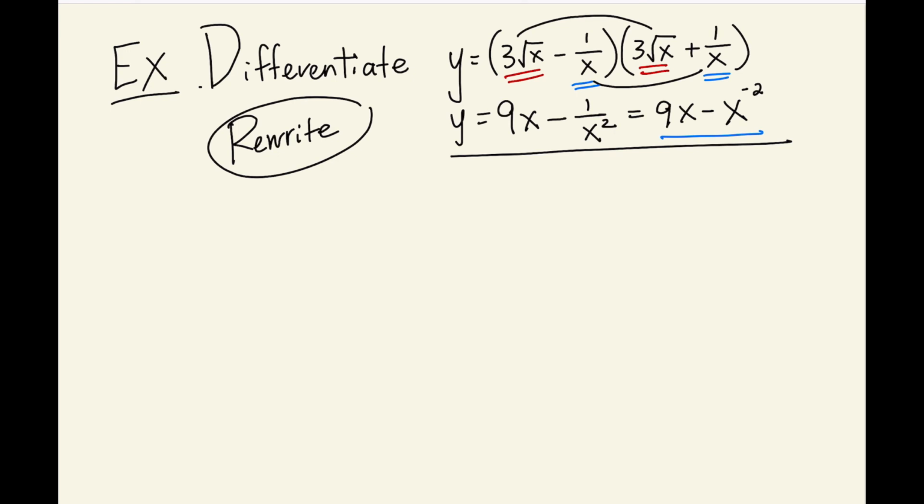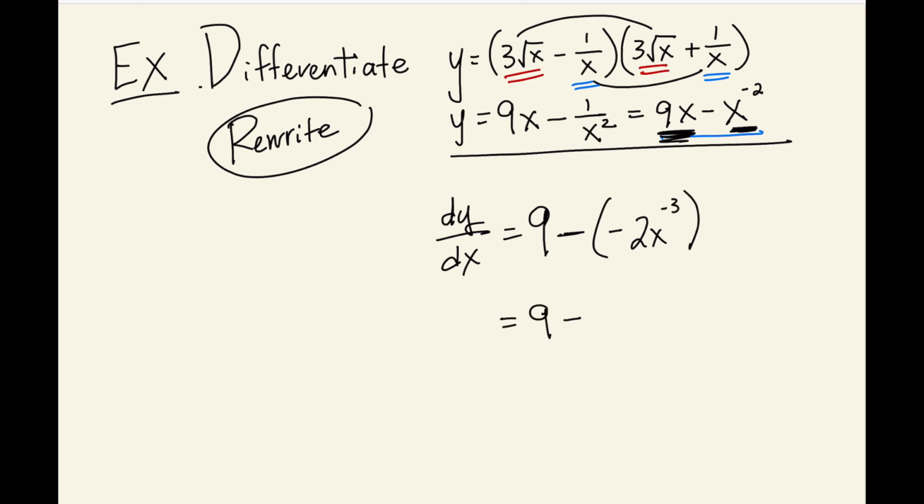Now I can take the derivative, and dy/dx is very simple. The derivative of 9x is just 9, and the derivative of this term, using the power rule, is negative 2x to the negative 3. So I can simplify this a little, and I get 9 plus 2 over x cubed, and I'm done.